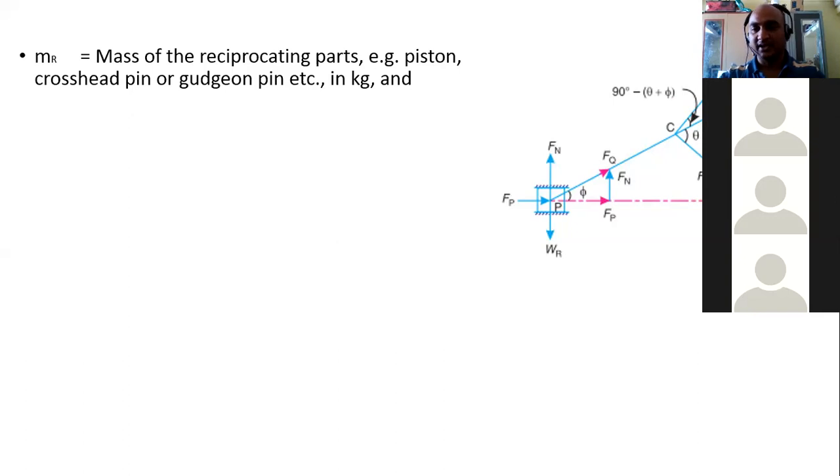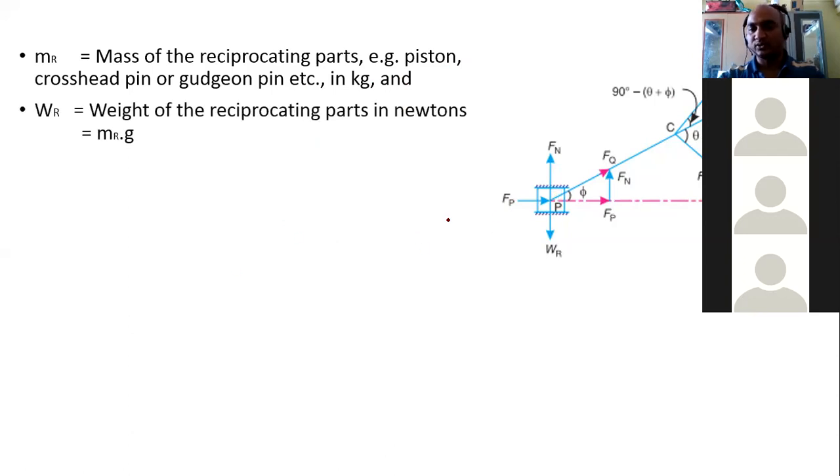Now let us assume that Mr is the mass of the reciprocating parts. Reciprocating parts means only the piston in this case. Then Wr is the weight. Weight is equal to mass into acceleration, maybe due to gravity also: Mr into g or Mr into a.